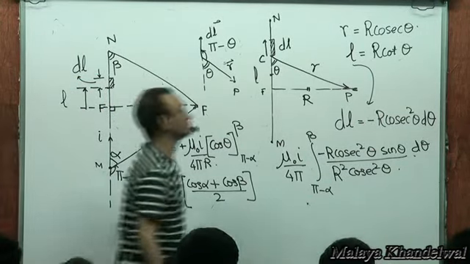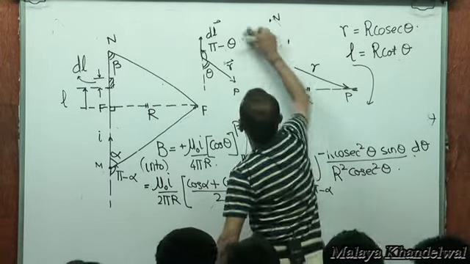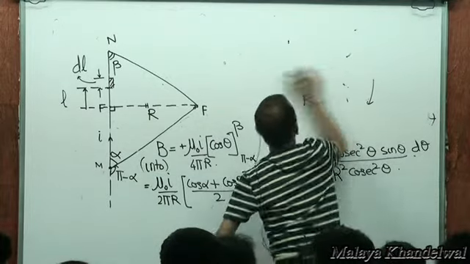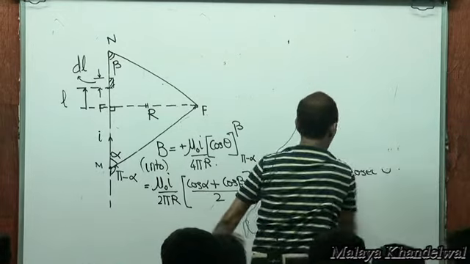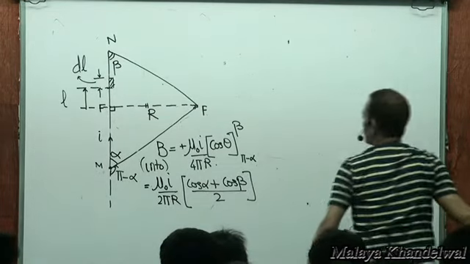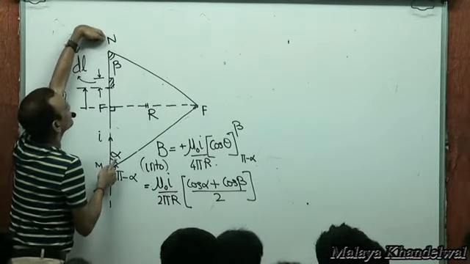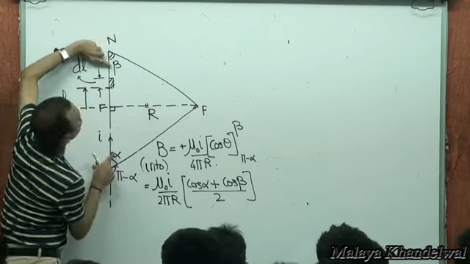Clear? Now suppose this wire is made longer and longer and longer. Then what happens to these alphas?